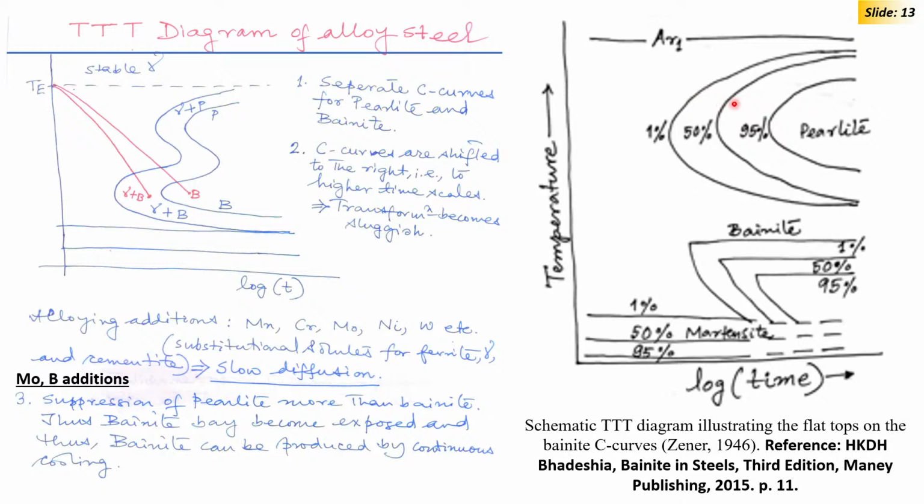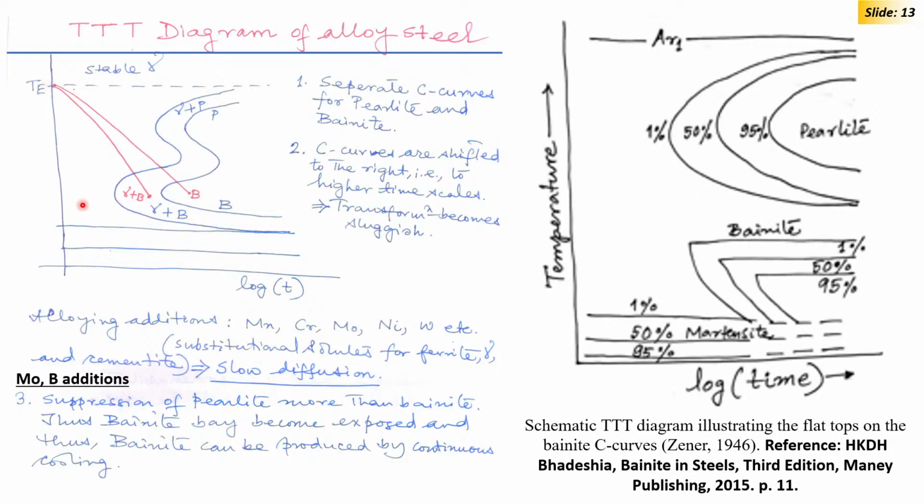So, you find that these transformations are retarded, as shown on the left side of the diagram, and you get a separate bay for bainitic transformation exposed, because now diffusional transformation will not happen and you are getting more chance of displacive transformation.